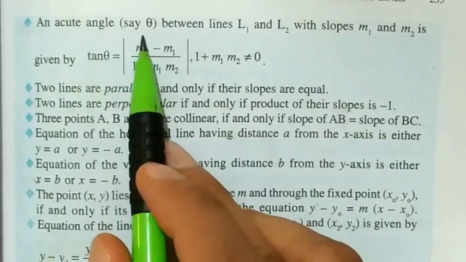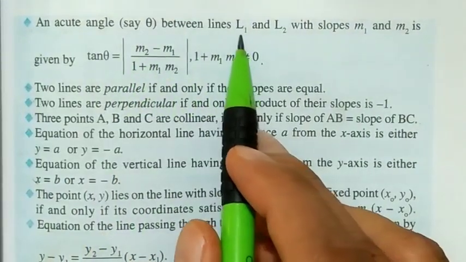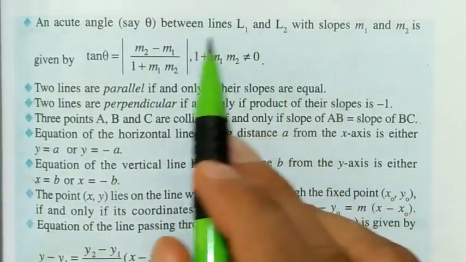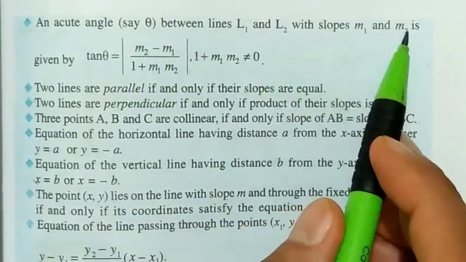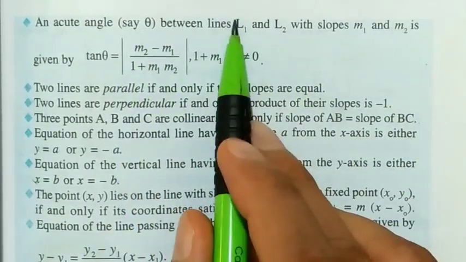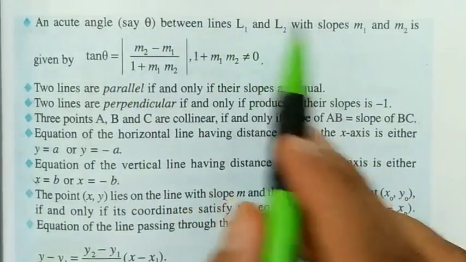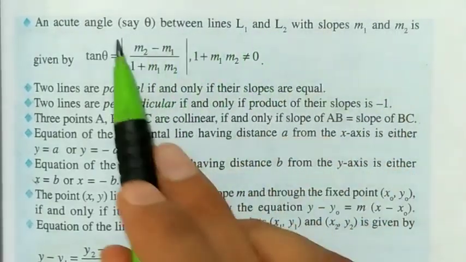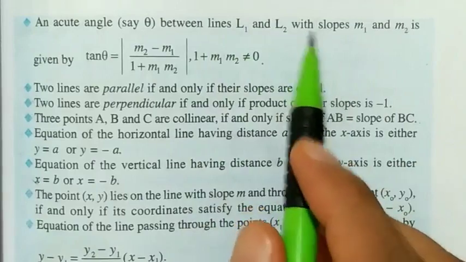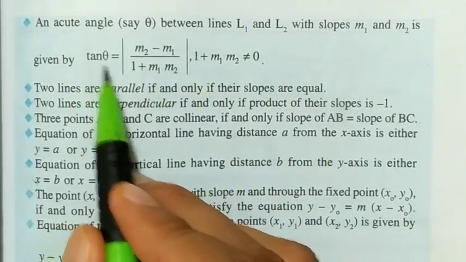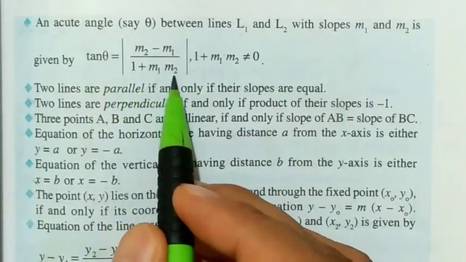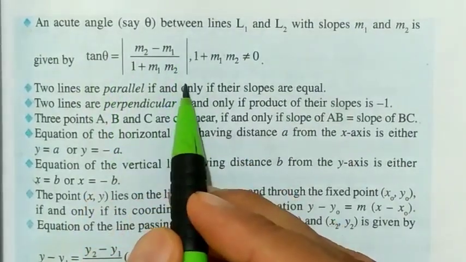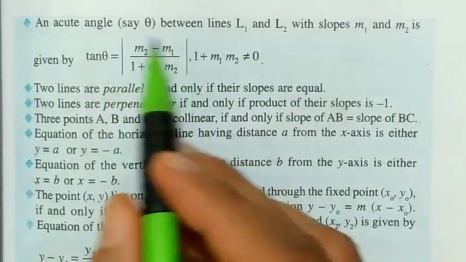Next point is the acute angle. Let's say theta is an acute angle between lines L1 and L2, with slopes m1 and m2. The first line's slope is m1 and the second line's slope is m2. Then the acute angle between those two lines is given by this formula: tan theta equals the modulus of (m2 minus m1) upon (1 plus m1 m2), modulus means positive absolute value.